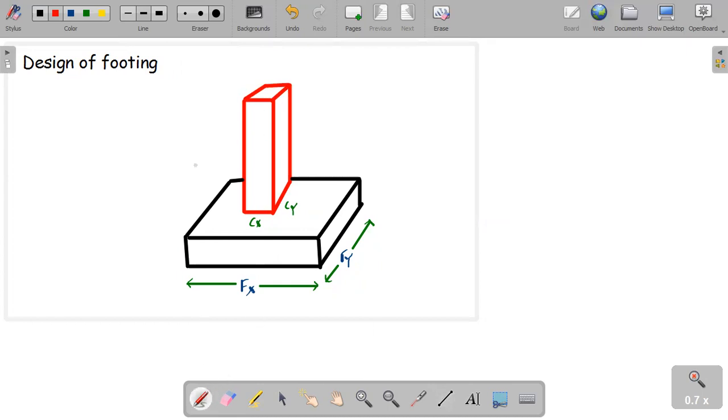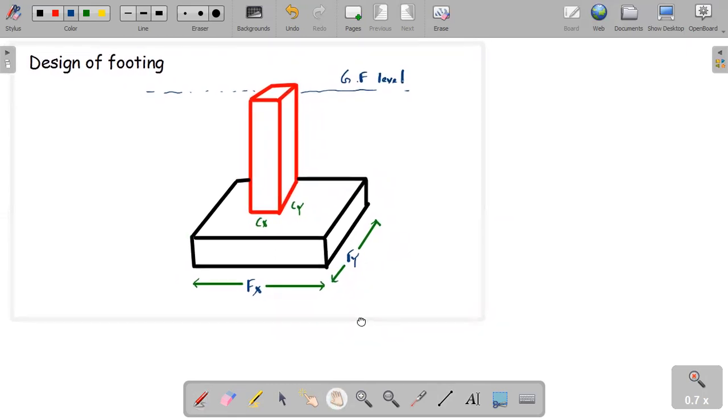This is the column, and this is the ground floor level. Okay, first of all, I need to know the area of this footing. First of all, let's find the area of the footing.